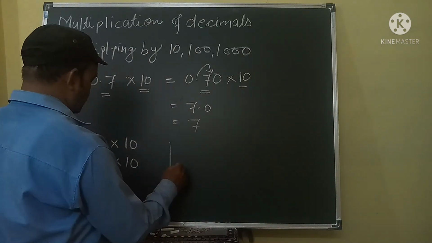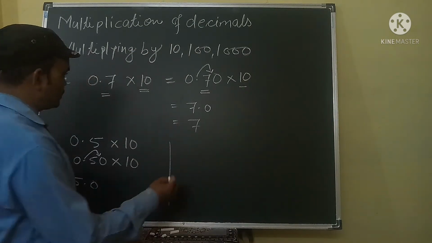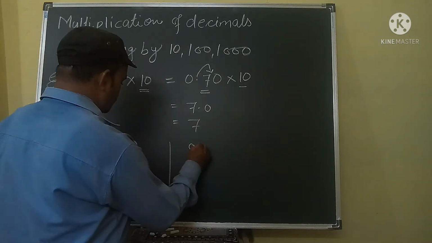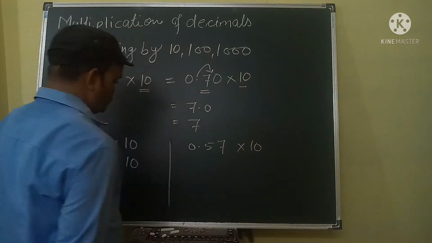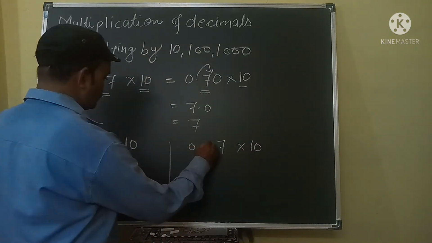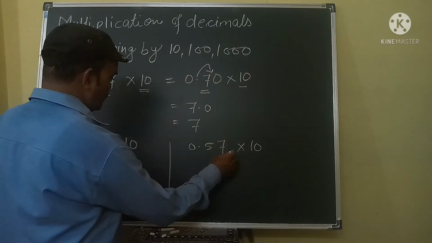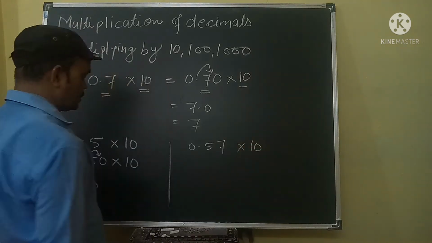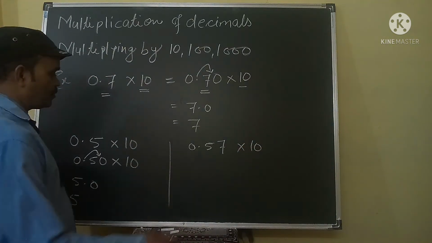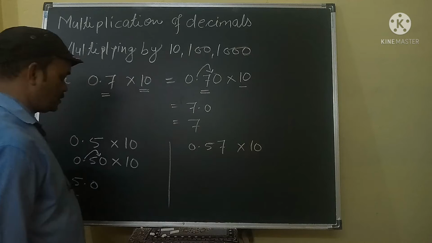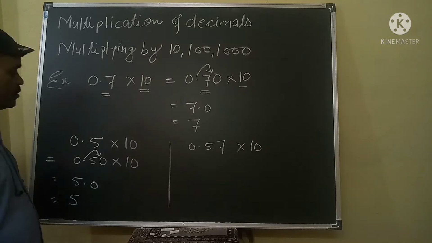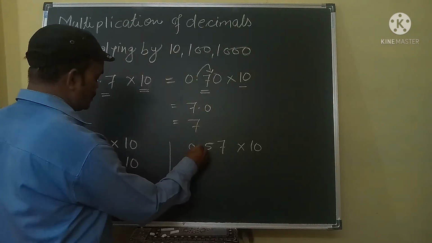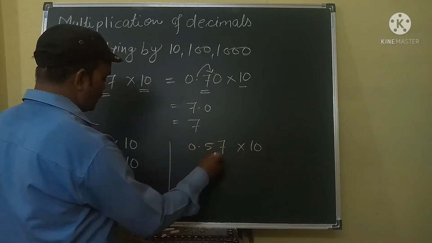Again, suppose you have one more decimal number. Suppose this is 0.57 into 10. So what we will do? 0.57 multiplied by 10. In 10 the number of 0 is 1. So what we will do? Move the decimal point one place to the right.